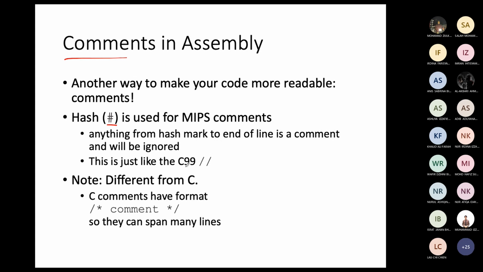This is just like C++, in which we use a double slash to indicate a line comment. Note that different from C, C comments have a format of slash asterisk, then the comment, and close with asterisk slash, whereby this type of symbol can span the comment over many lines.